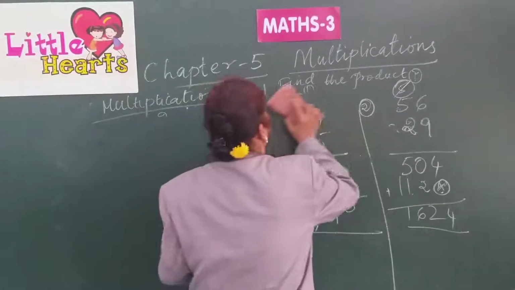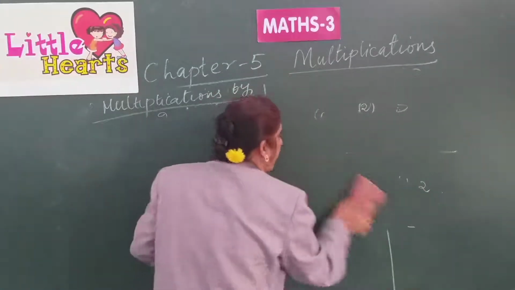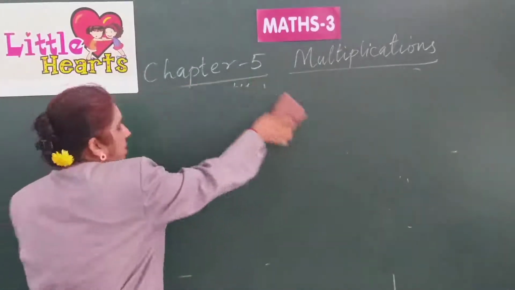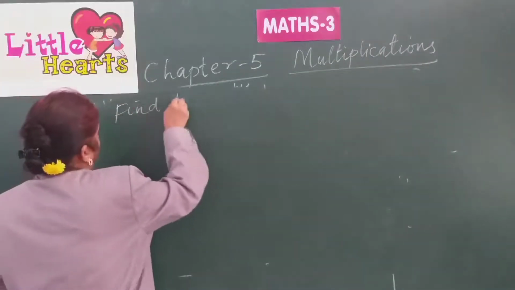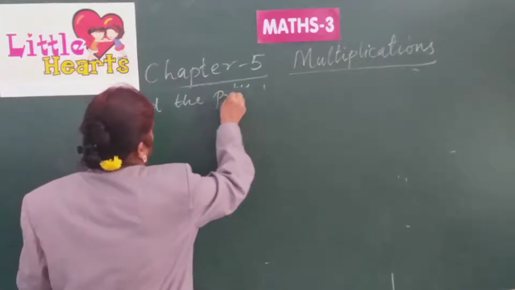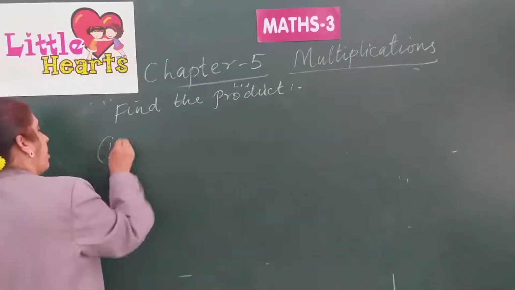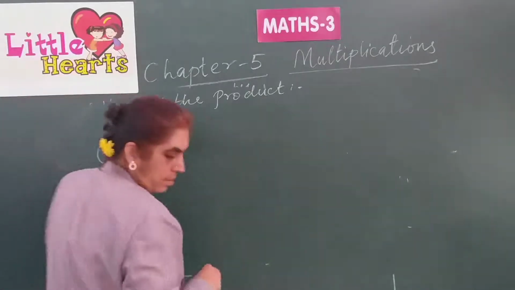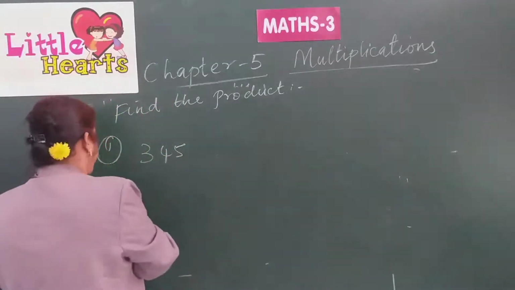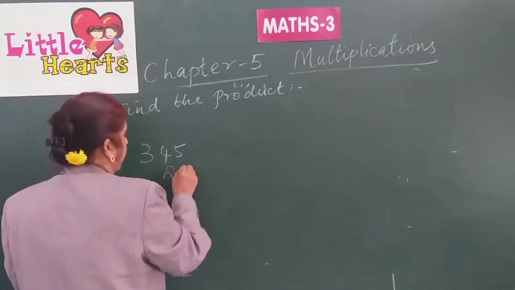In the same way, let us go with a 3-digit number by a 2-digit number. Find the product. 345 into 26.